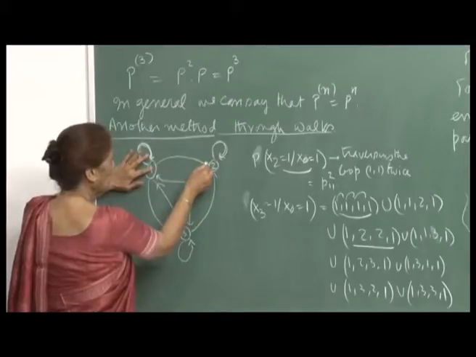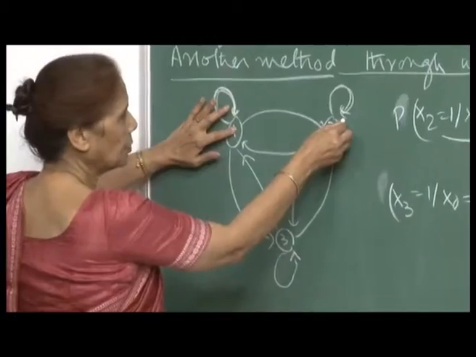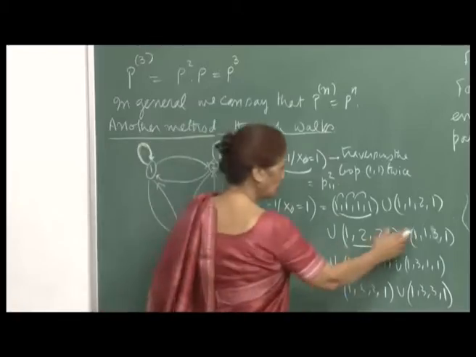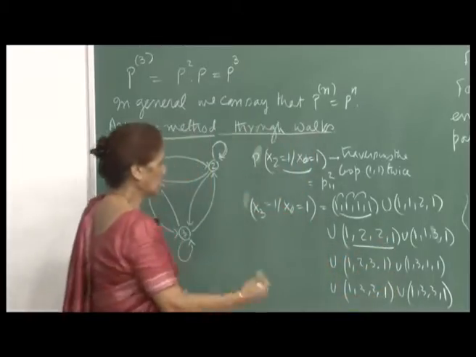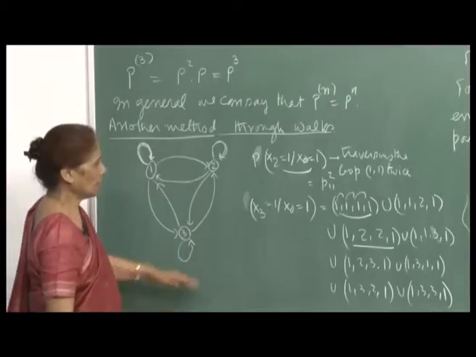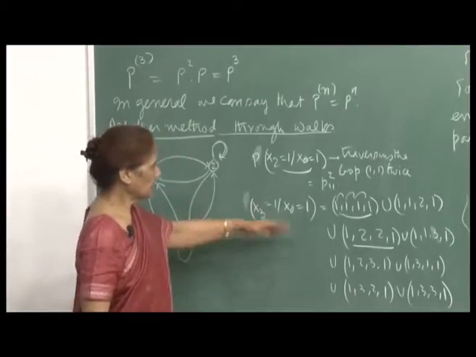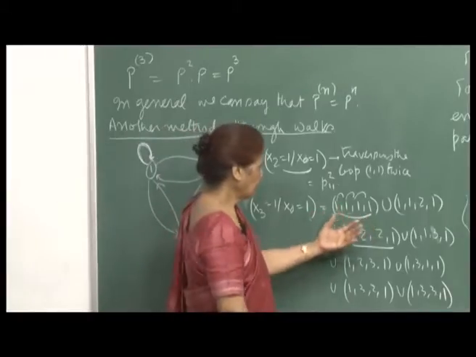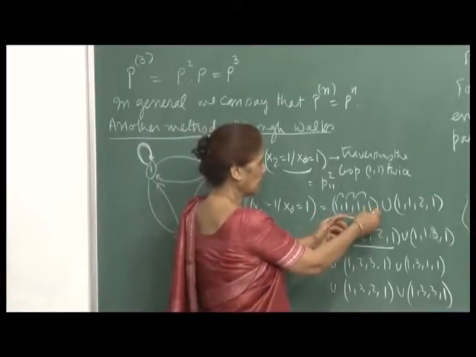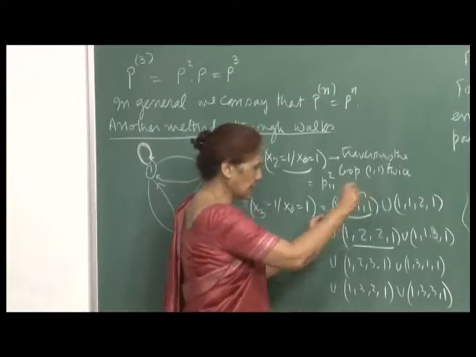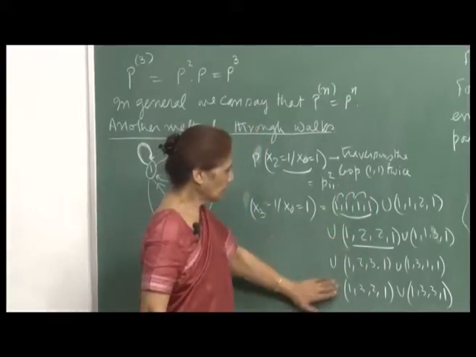So, this will be p12 into p22, then p21, right. So, this way I can write down all the probabilities. They are all distinct paths and you can compute the probability of each path, and as I told you, each leg of the path is independent. So, we are multiplying the corresponding probabilities of traversing each leg of the path.